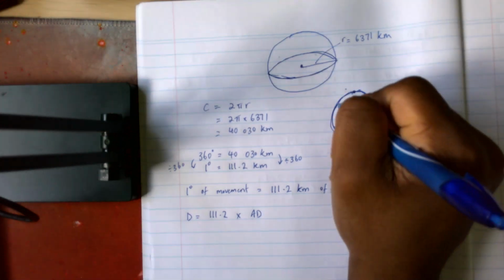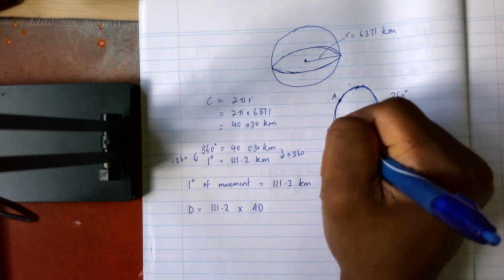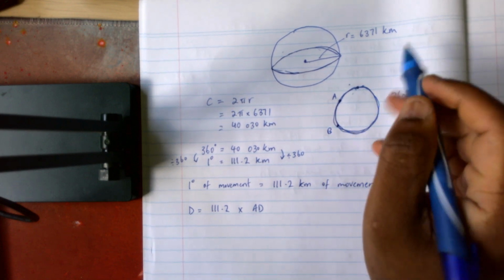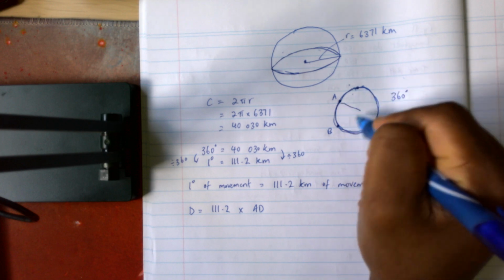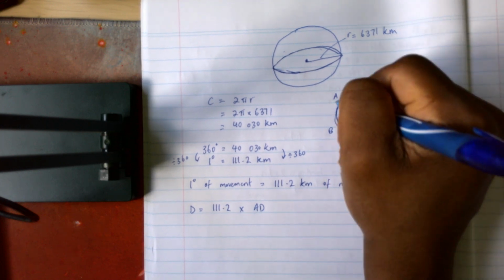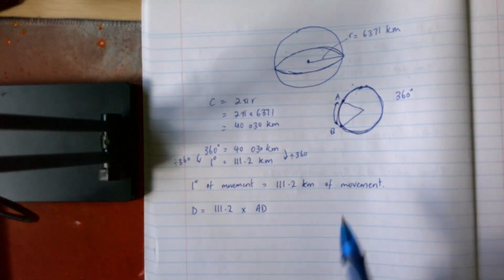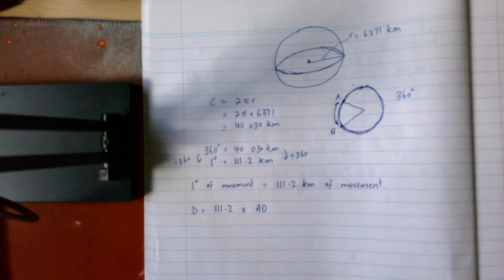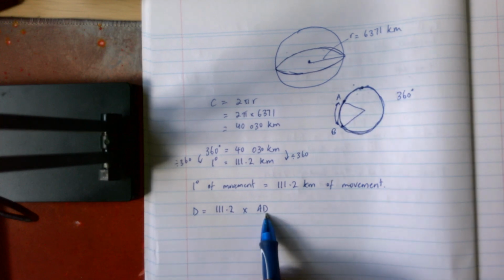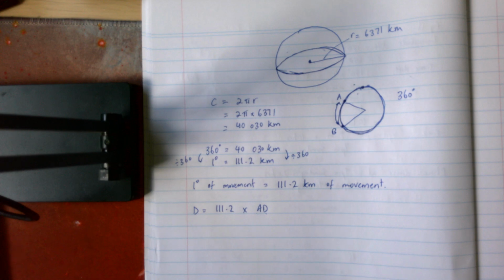So if, let's say you had a point here called A and a point here called B, the angular distance is the distance along that arc. So the distance of A to B along the arc is your angular distance. And we just multiply it by 111.2 to work out our distance in kilometers.